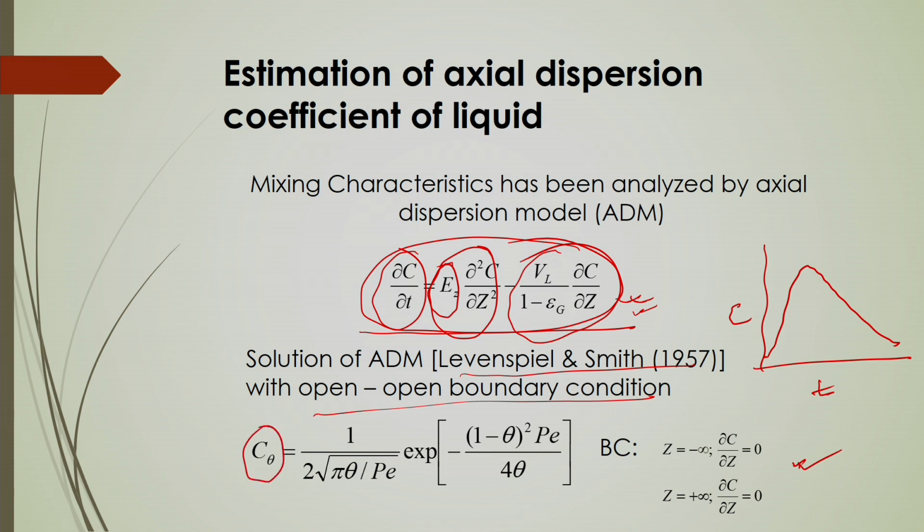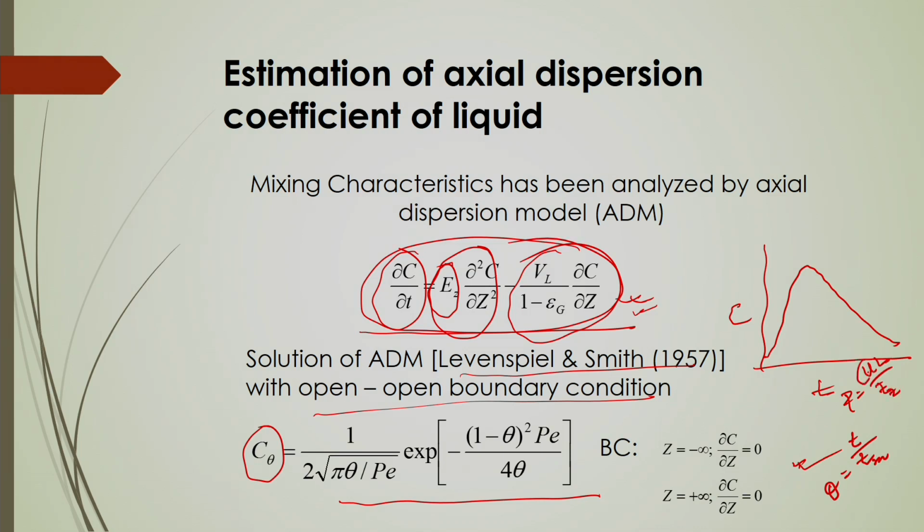So, C by C0 will be C theta, and here theta is the dimensionless parameter of time, that is t by tm, where tm is called the mean residence time, that means how long the fluid will be residing inside the column, and the Peclet number, Pe, is defined as here, that means UL by Ez.